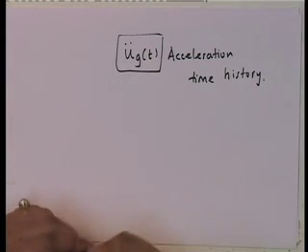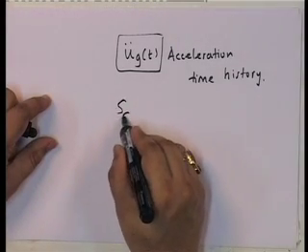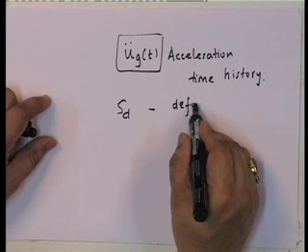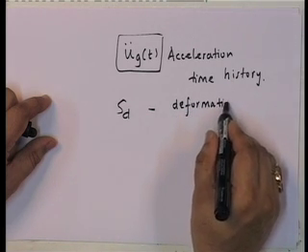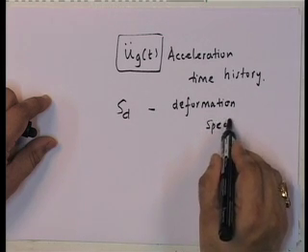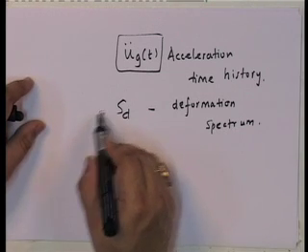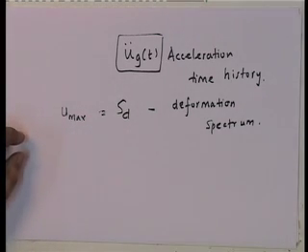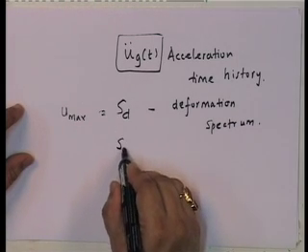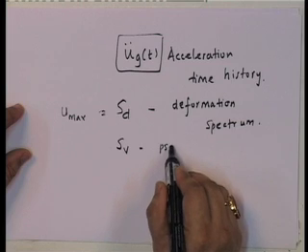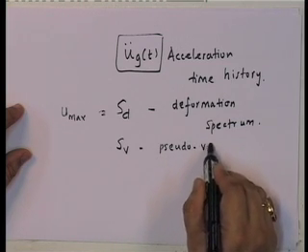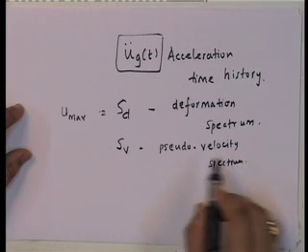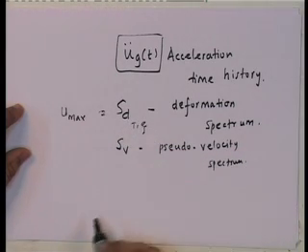The other way is the response spectrum: SD, which is U max, then SV, and these are functions of time period and xi.